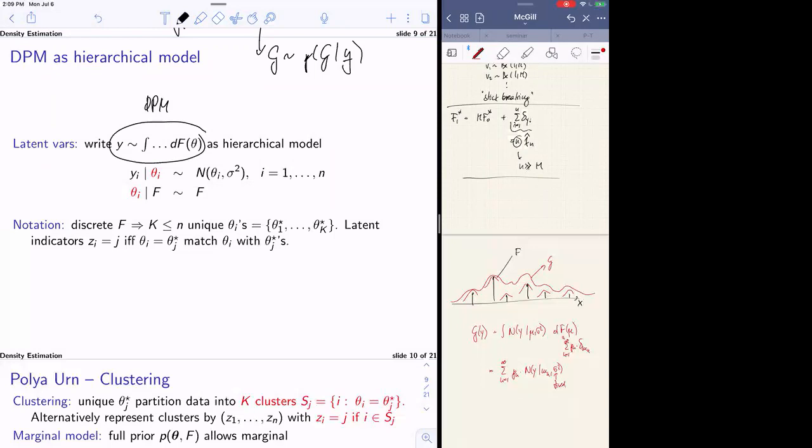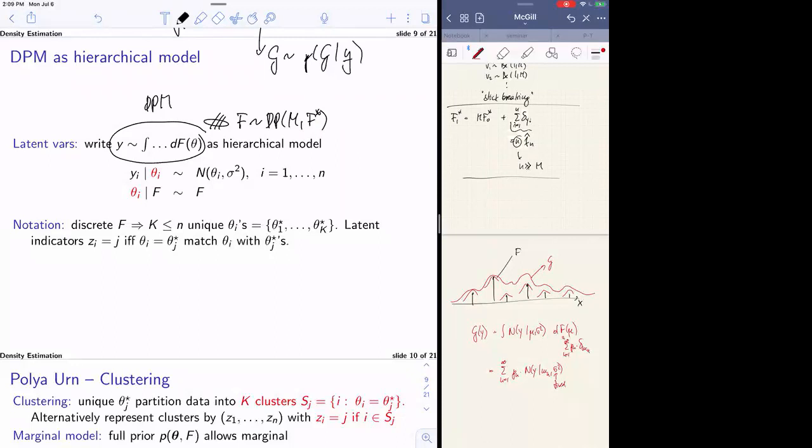I should have included there the prior on F. The prior on F comes from a Dirichlet process with some total mass and some base measure. The two of them together specify a Dirichlet process mixture model, right?